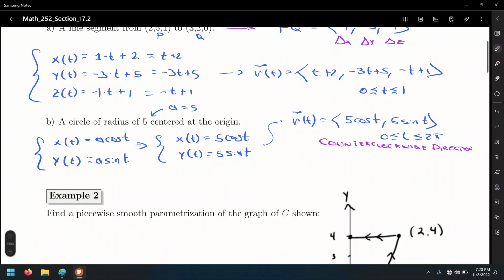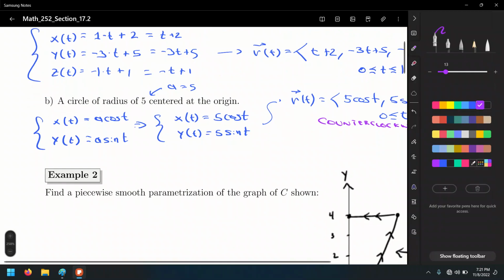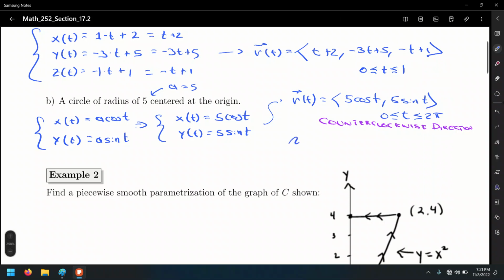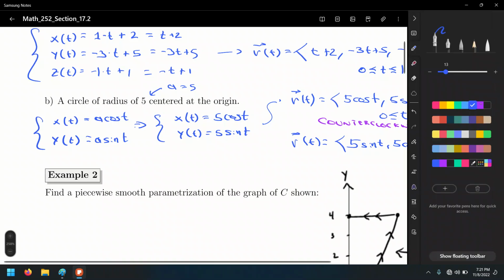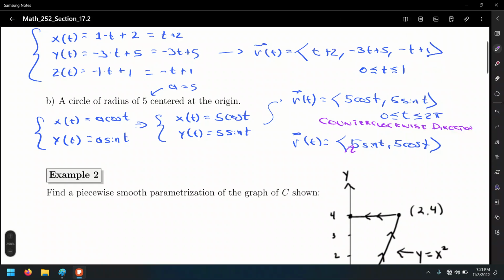If we interchange these functions, and instead we write <5 sine t, 5 cosine t>, the function is going to draw it in the opposite direction, in this case in the clockwise direction. They're not asking us to specifically write the equation one way or the other, but we can just mention this is clockwise.